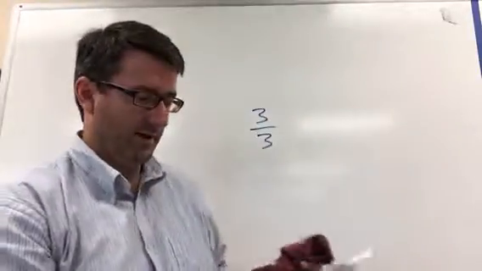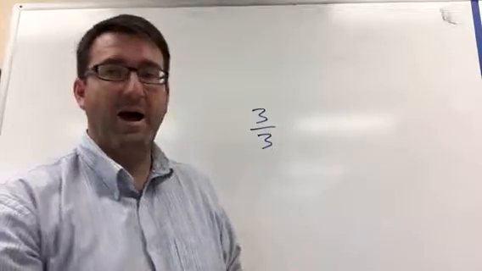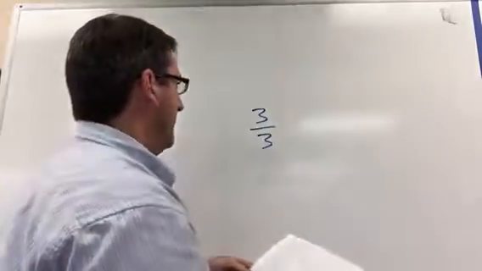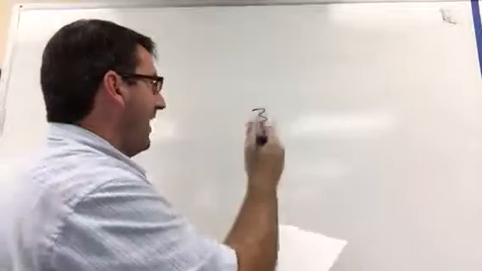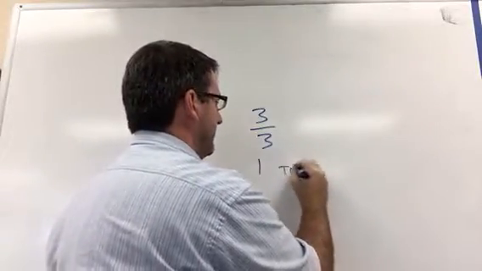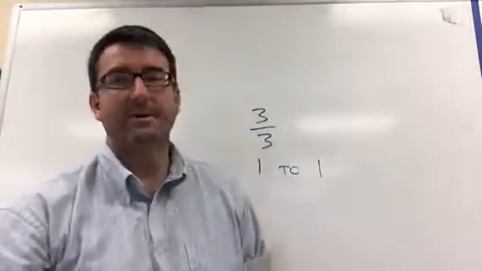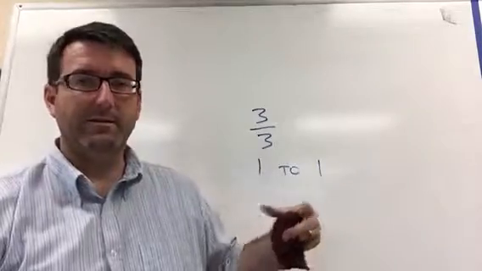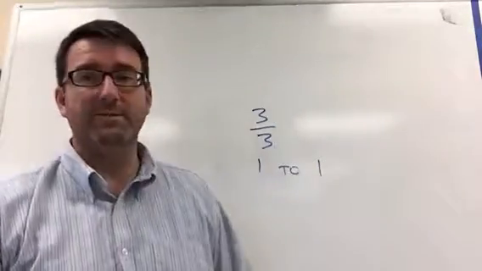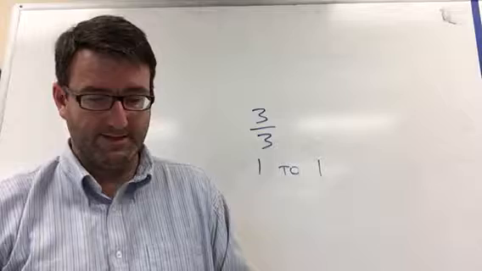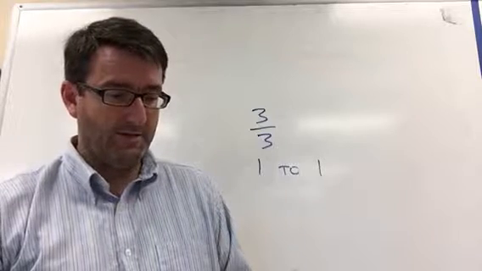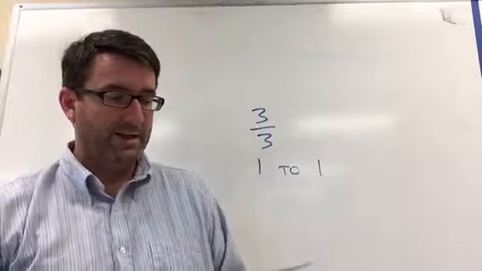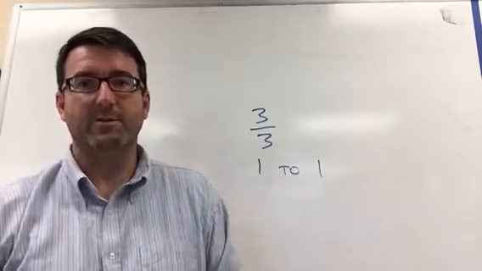We could get a 2 or a 5 or a 6. And so our odds are going to be 1 to 1. And that's going to be the odds for getting something and the odds against. So the odds for the event are 1 to 1. The odds against the event also 1 to 1.